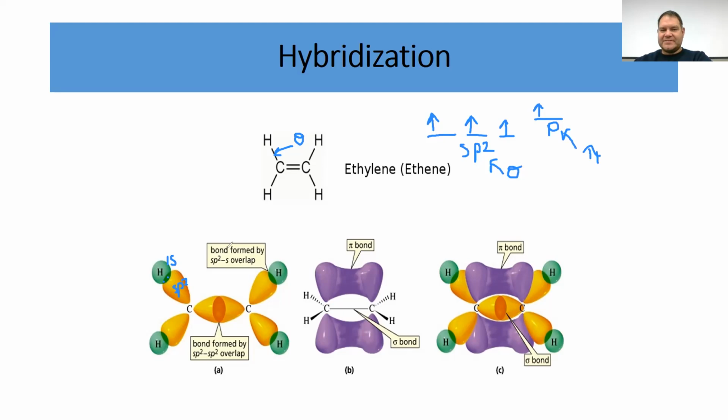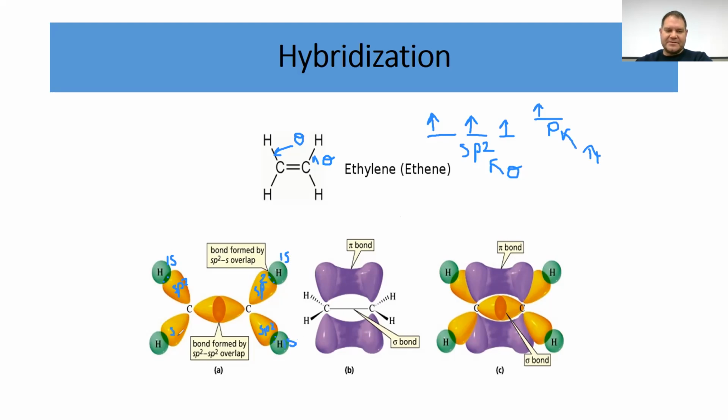Okay, and that's going to happen with this one as well. It's going to form a sigma bond, with an sp2 hybrid orbital overlapping a 1s. Here's the 1s, and we're going to form a bond between these two electrons, one from hydrogen and one in the sp2 hybrid orbital. And we can do that all the way around, right? So this is an sp2, and this is a 1s orbital from hydrogen.